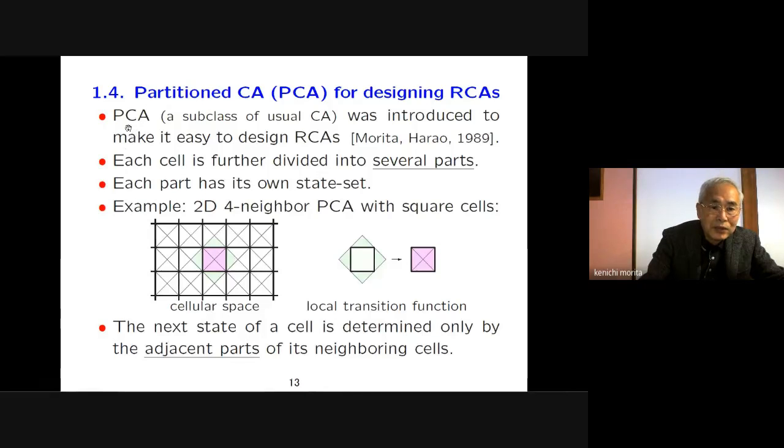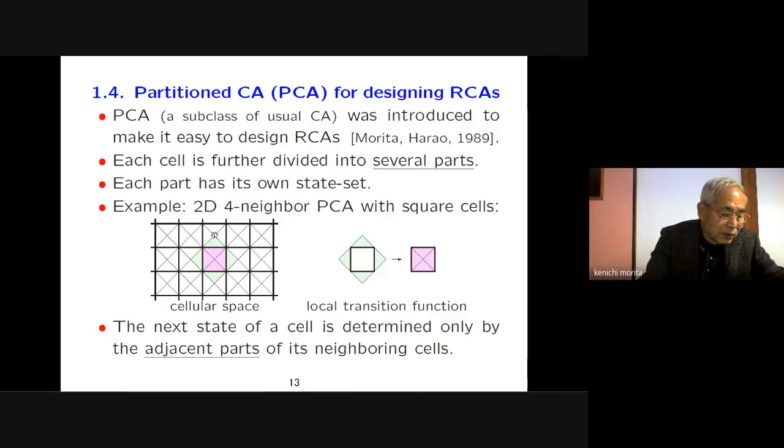A partitioned cellular automaton, PCA, is a subclass of usual cellular automata. It was introduced to make it easy to design reversible cellular automata. Each cell is further divided into several parts, and each part has its own state set.